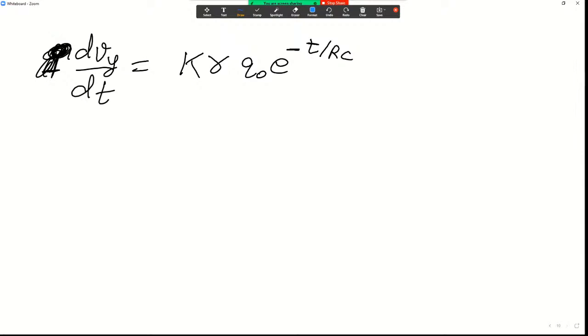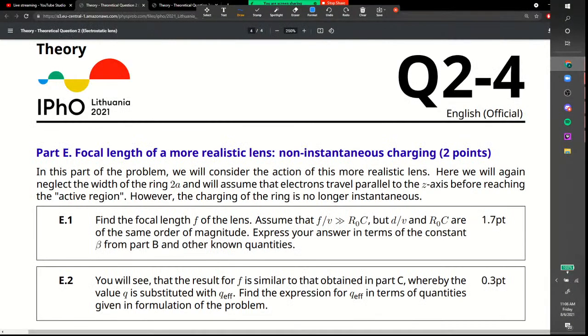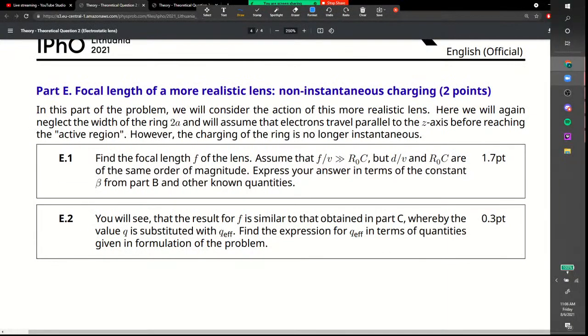Oh, and the chat says that they have taken an integral from d over v to infinity, which is why the exponential disappears. Oh yes, I think they are correct because it will take a long time to reach the d. So, oh yeah, because d over v is much greater than the characteristic time.